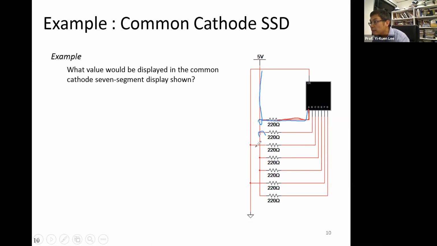C will be connected here, so this is grounded. And how about E? A, B, C, D. D is 5 volt, and then E is 5 volt. And then F, grounded. So in this case, with this kind of connection between 5 volt and ground, right?